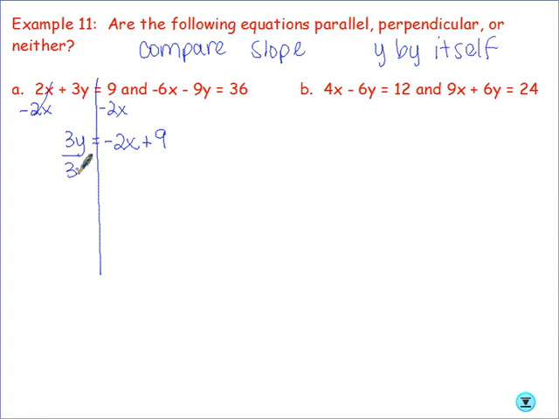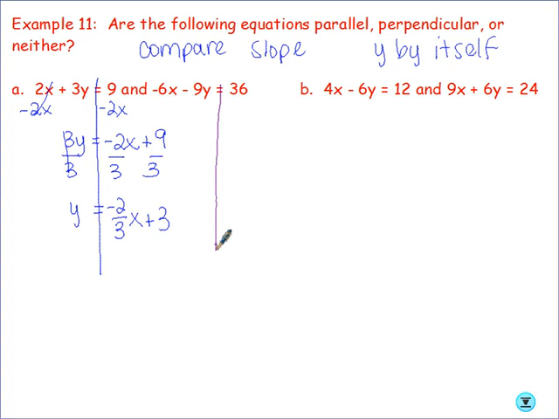Divide everything by 3. We get y equals, if you do negative 2 divided by 3 in my calculator, hit math, enter, enter, it keeps it exactly the same. That is already reduced. 9 divided by 3 is 3. That's half your answer. Let's look at the other half.